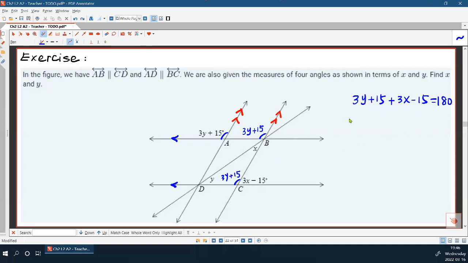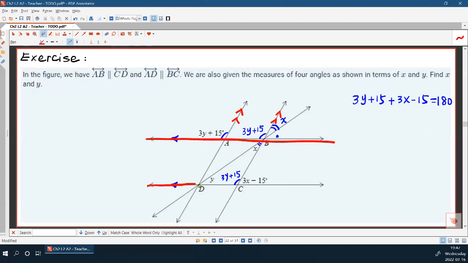Because we have two unknown quantities, we need another equation, right? Note here, this angle is actually vertical to this angle, so this angle is x. As long as we know this angle, we'll have another equation. Can you guess what this angle is? We need to consider these two lines here.